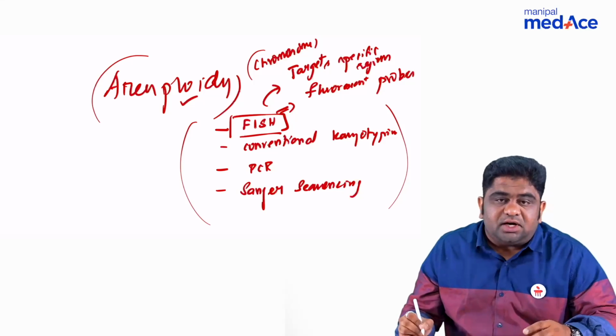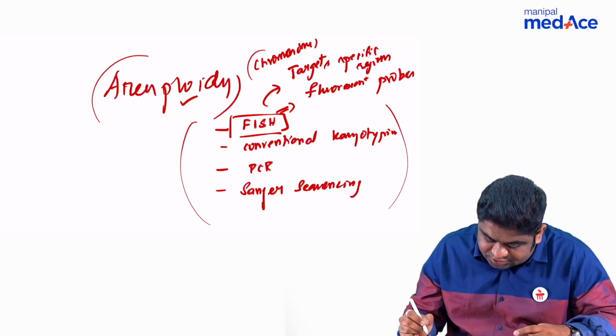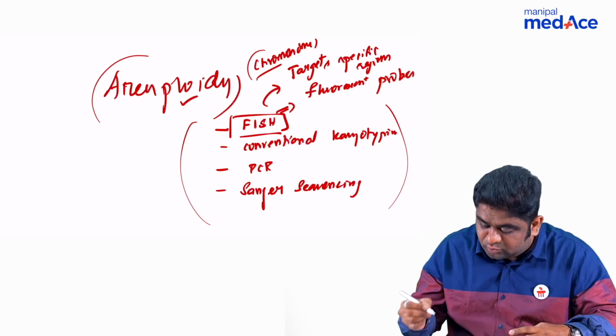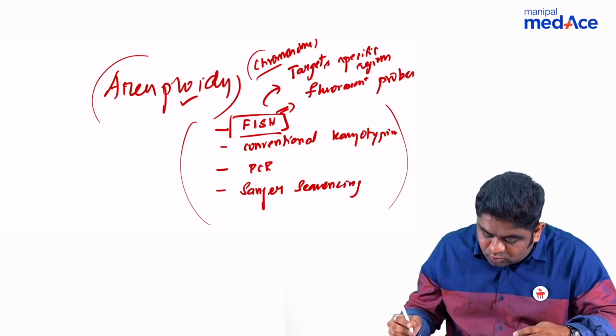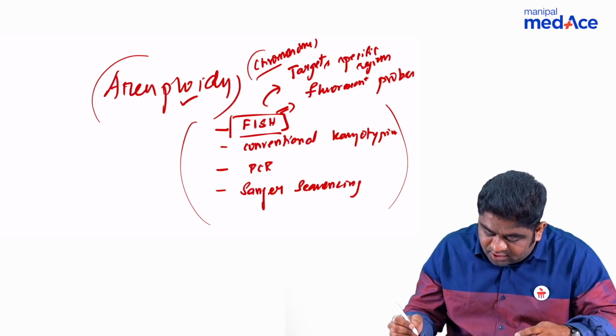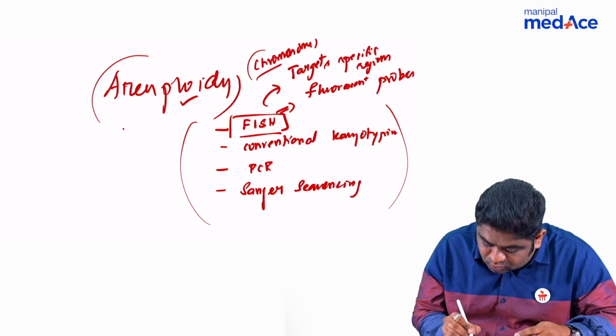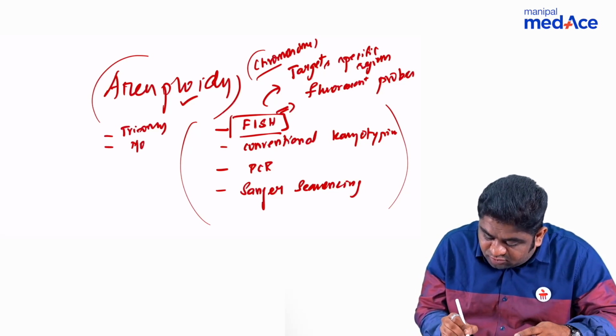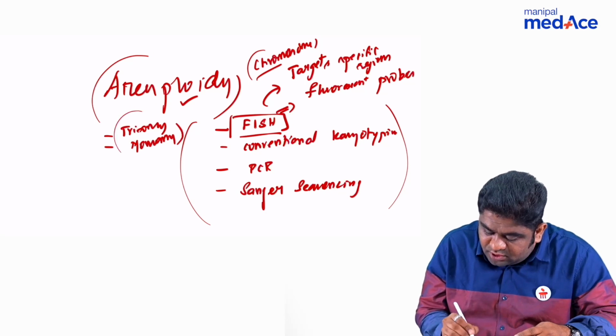To read and understand aneuploidy, the best option is FISH. You will be able to visualize abnormal portions of the chromosome using a fluorescence microscope. So aneuploidy detection can be done very effectively. You will be able to identify an extra chromosome in the form of trisomy or a missing chromosome in the form of monosomy using FISH.